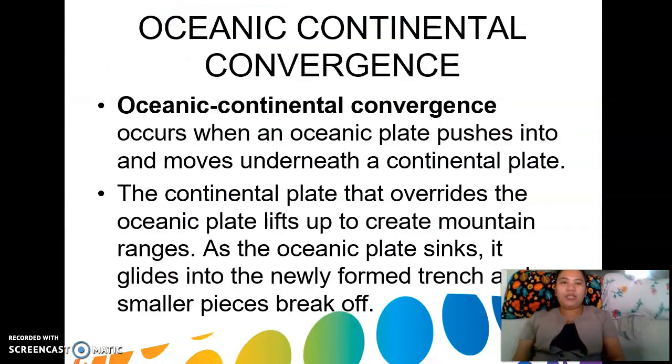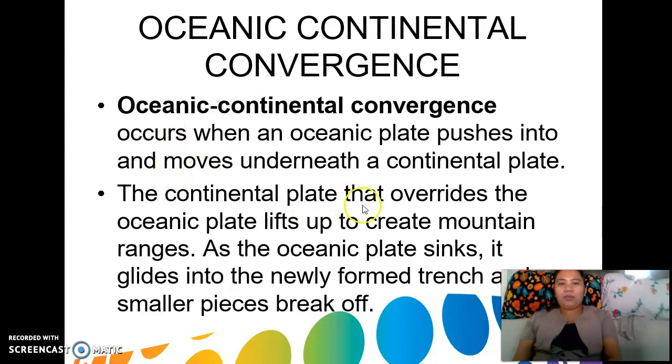Next is oceanic to continental convergence. It occurs when an oceanic plate pushes into and moves underneath a continental plate. In between the two, the oceanic plate will be the one going down, or subducting, because the continental plate is lighter. Again, the rule is that the denser plate will subduct and go back to the Earth's interior.